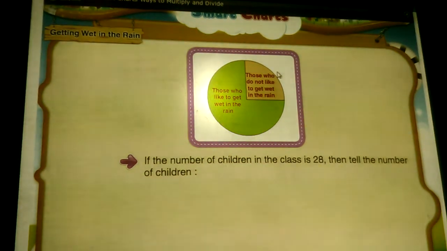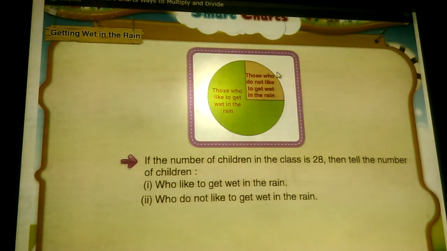3. If the number of children in the class is 28, then tell the number of children: 1. Who like to get wet in the rain. 2. Who do not like to get wet in the rain. Solution.